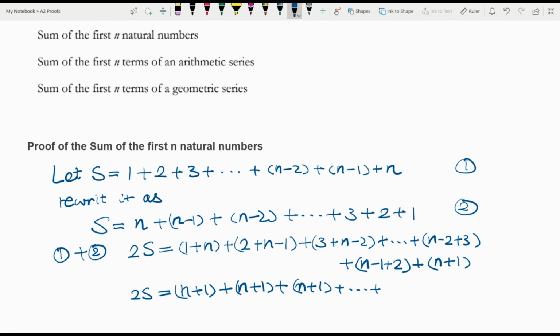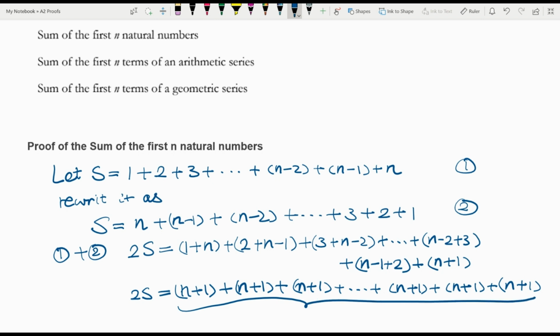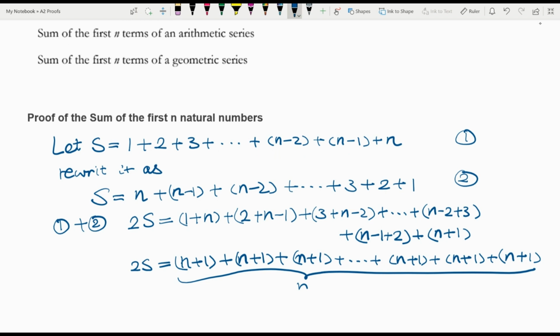And the last terms, n minus 2 plus 3, that also gives n plus 1, and then n minus 1 plus 2, that also gives n plus 1, and the last term is n plus 1. And here we know we have n of those, n plus 1. So we can simplify further. That gives you n times n plus 1.